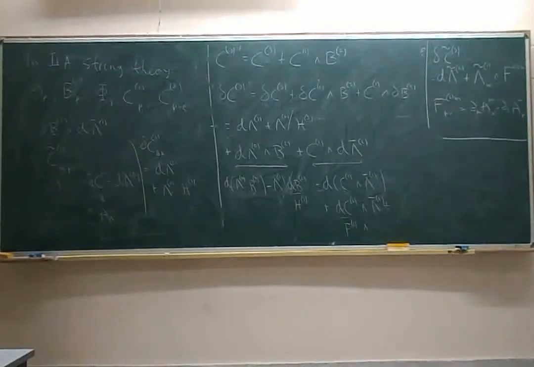So by doing the analysis this way, by defining the lower dimensional fields in the way I have done, we can ensure that the gauge transformation laws are not free from anomalies. They have some anomalous pieces, but the anomalous pieces are well understood.